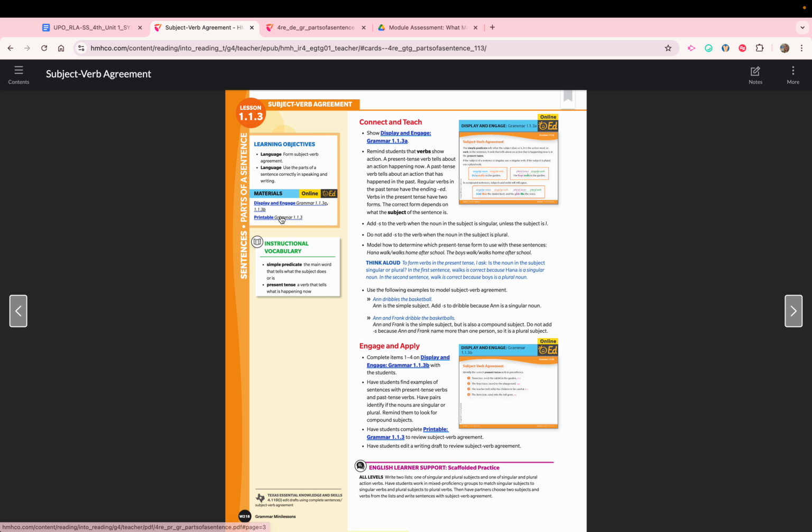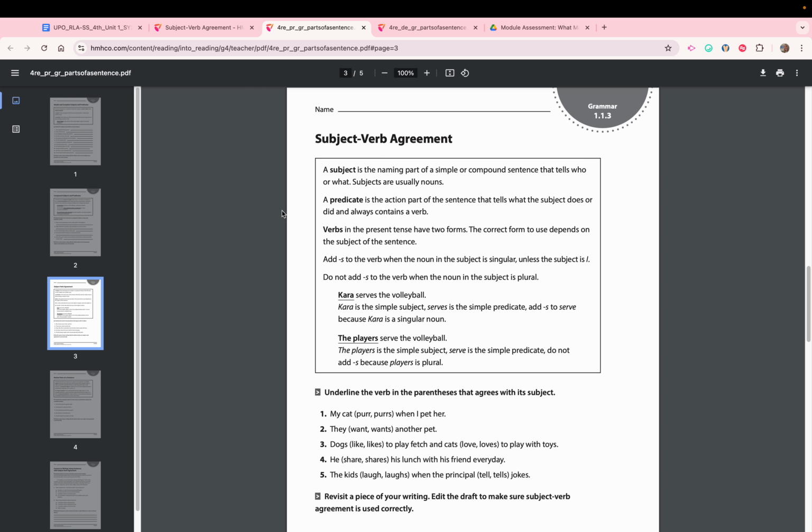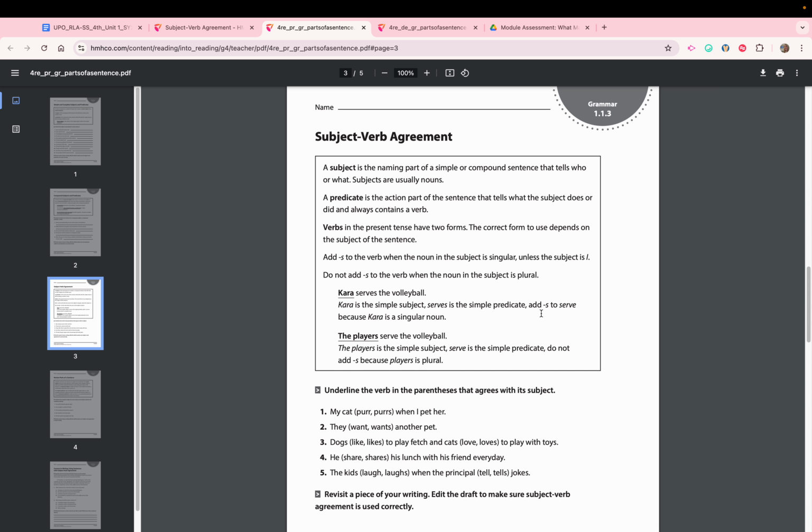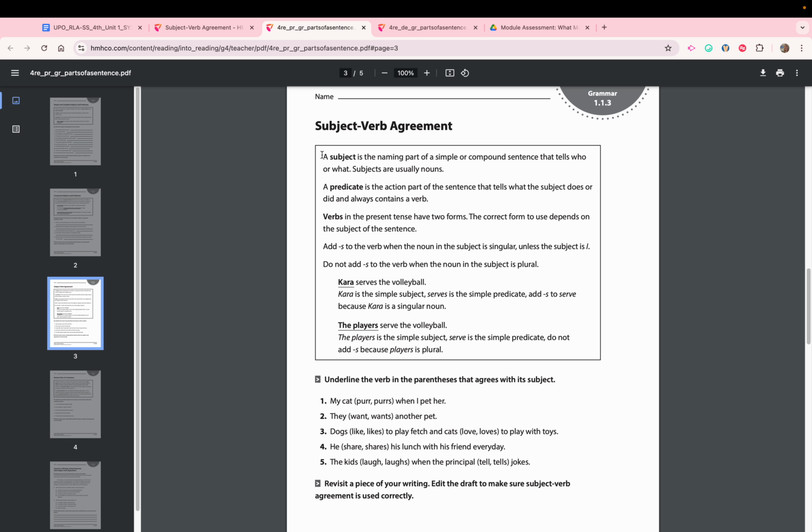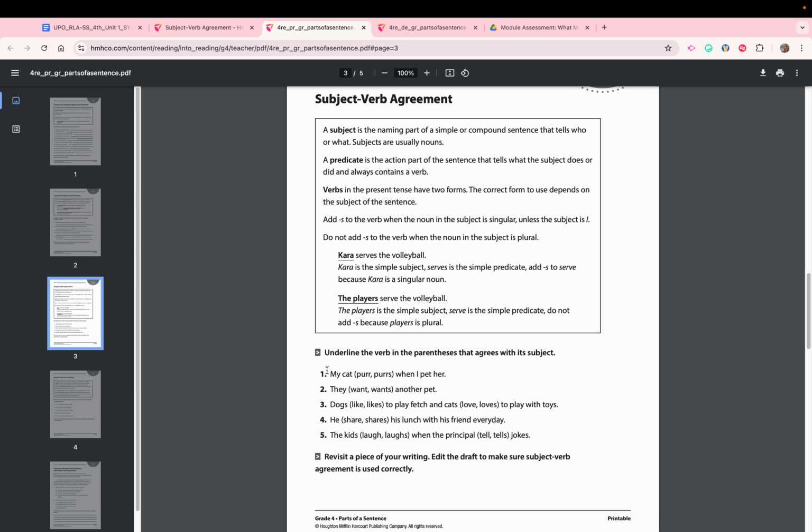Now, if I really wanted to, I could go look at printable 1.1.3, and I noticed that it's basically the same information that was on the display and engage slide. They just use some different examples. And then again, we've got 5 examples of sentences to use.